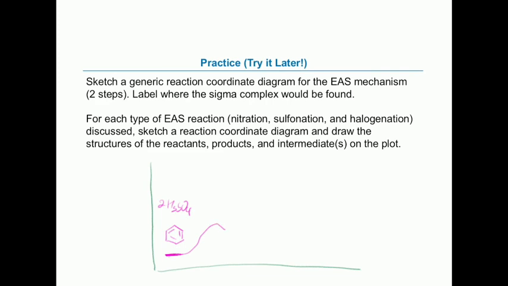And we're going to have some slight elevation up to here where we're generating benzene, H2O, SO3, and we still have, let's say, 1 H2SO4 left over.